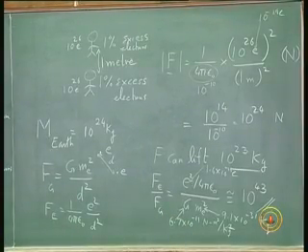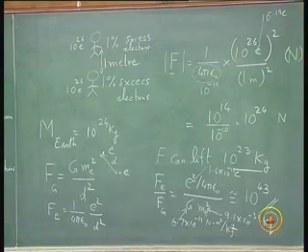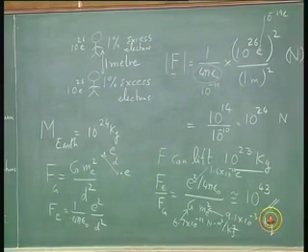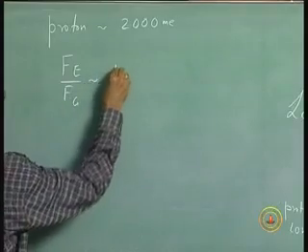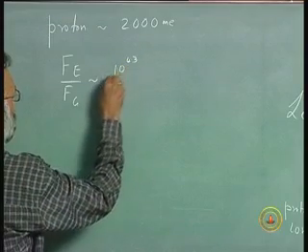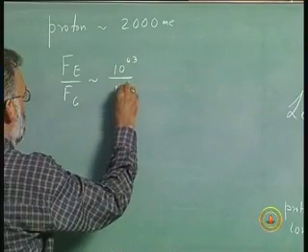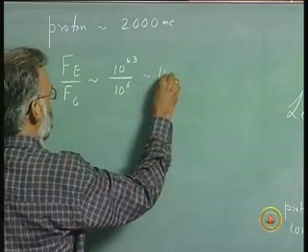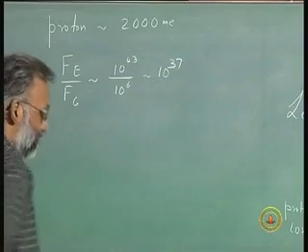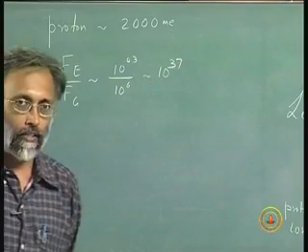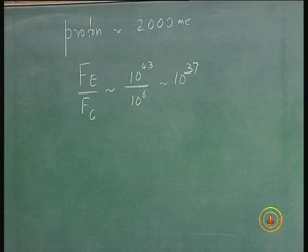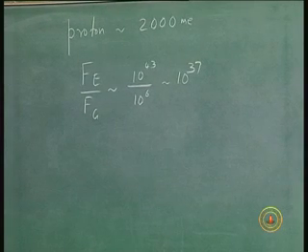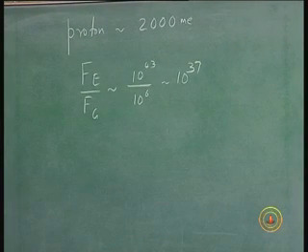Then you will find that Fe over Fg will be like 10 to the 43 divided by 10 to the 6, which is 10 to the 37. It does not get any better than this, because the proton is basically a heavy particle.